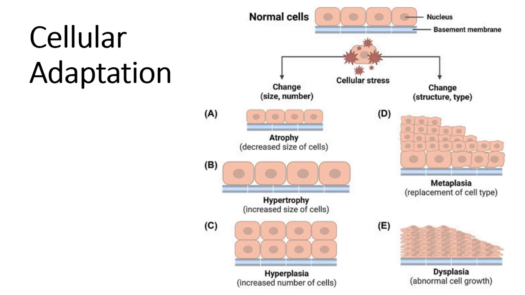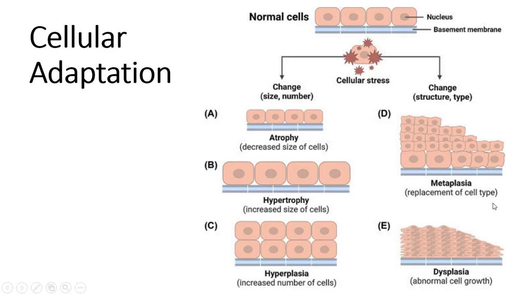However, changes in composition, shape, or structure can happen as well as a response to many stresses or insults. For example, there's what we call metaplasia. Meta means changes. This is a change of one cell type into another type of cells, or we can call it replacement of cell type.